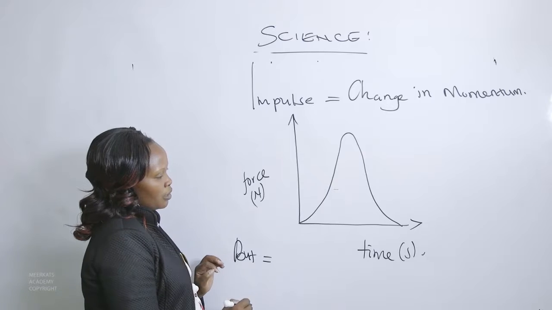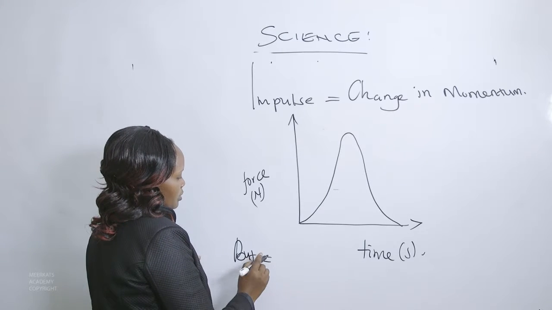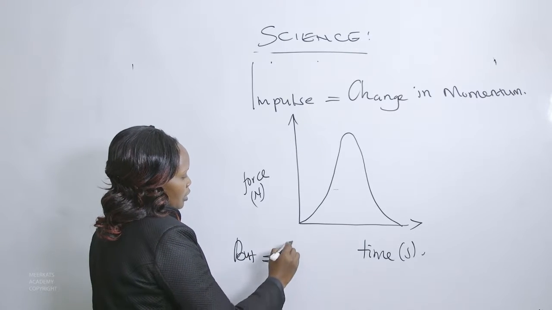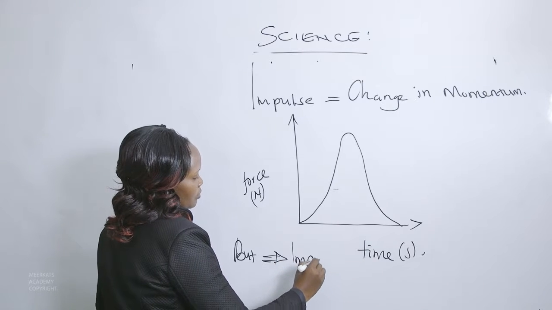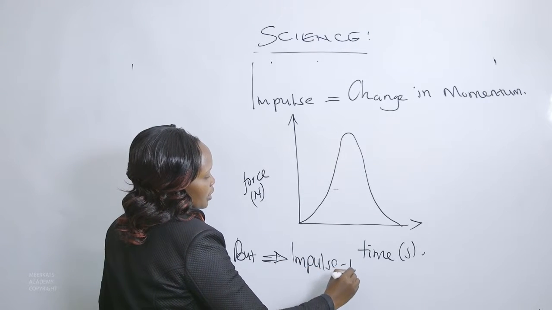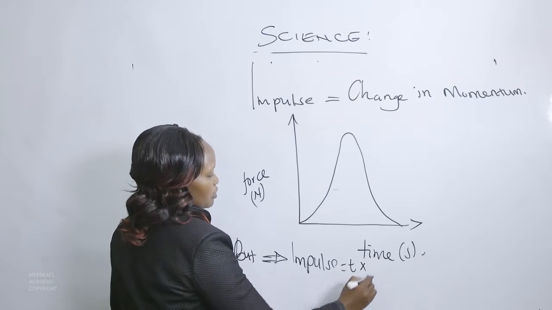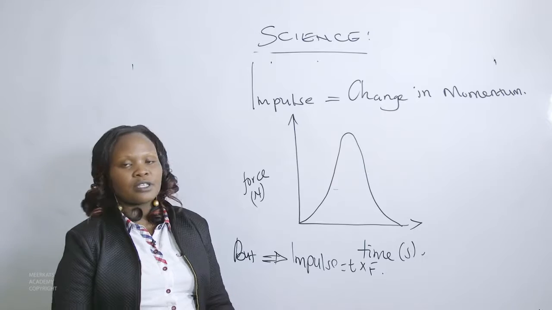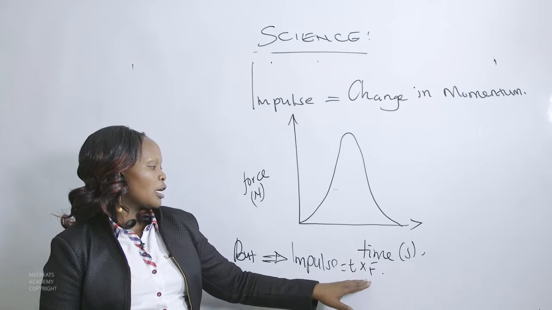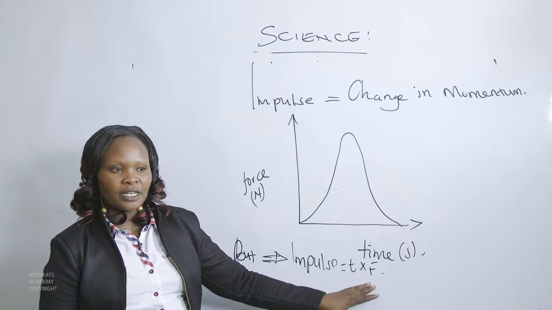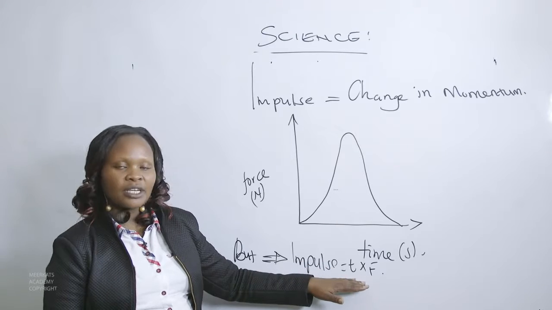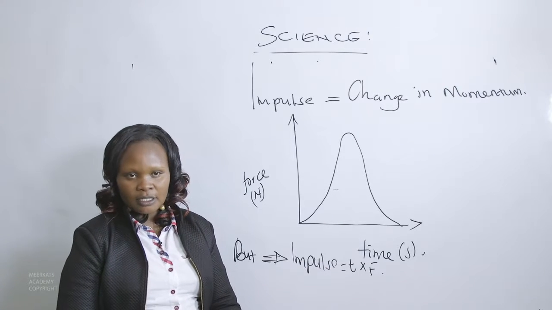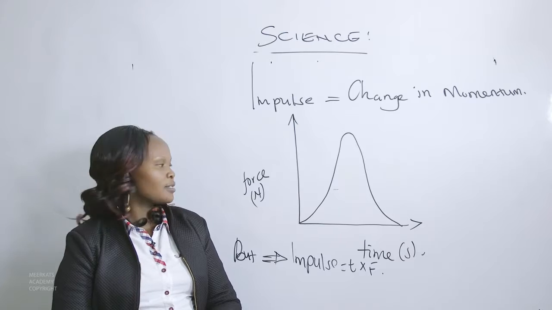But we have found out that impulse is given by time times force, or the product of time and the force. The force, we said, should act on the body too fast, and we should realize the results equally fast.